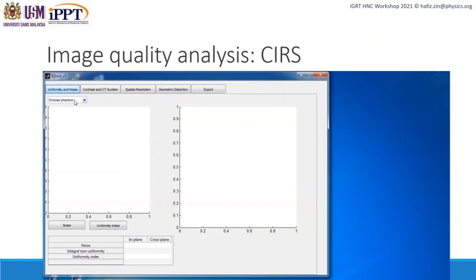We actually analyze the pixel values on the images. So this is a semi-automated approach, because we still have to select the region on the images to be analyzed in terms of the pixel values.